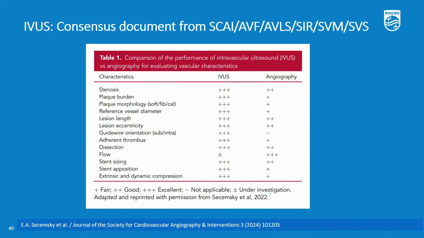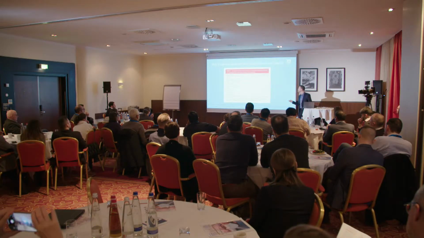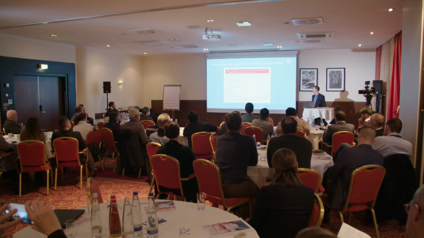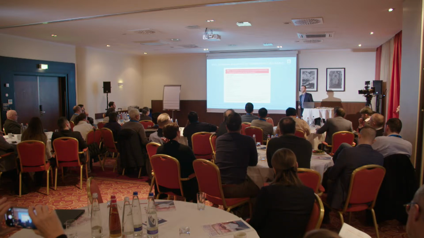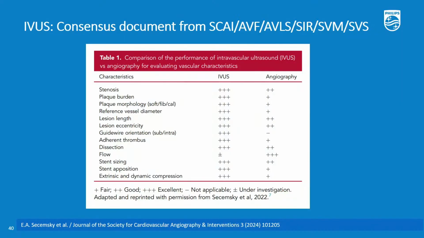Okay? Position of the wire, the thrombus, dissection, certainly less reliable. The only metric with which I think you could possibly criticize is flow, and when it's done in conjunction with angiography, that is how I think we overcome that and it becomes the best of both worlds.